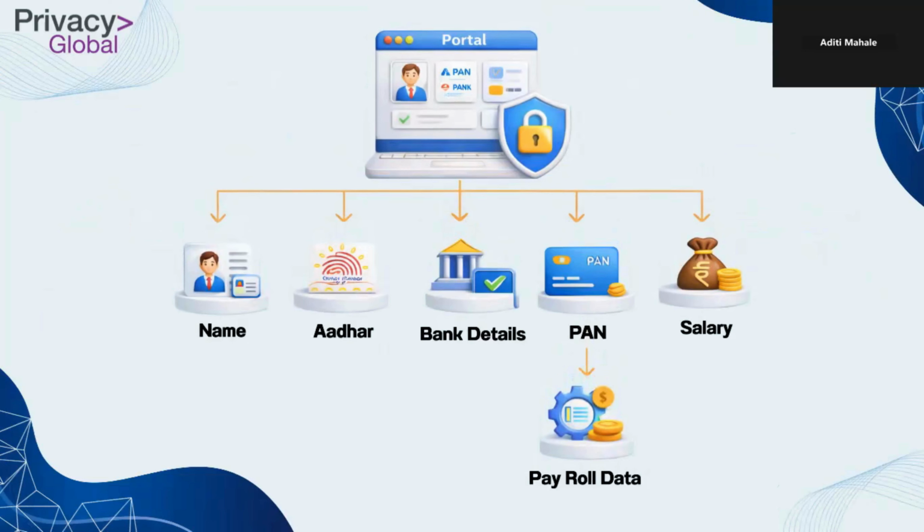Payroll data is then shared with banks for salary credit. Certain information is also shared with government portals for PF and tax compliance. So, data mapping helps clearly show who touches the data, where it flows, and where risks exist, like oversharing, weak encryption, or vendor misuse. Once these risks are visible, organizations can strengthen controls, like access restriction, encryption, and vendor contracts.